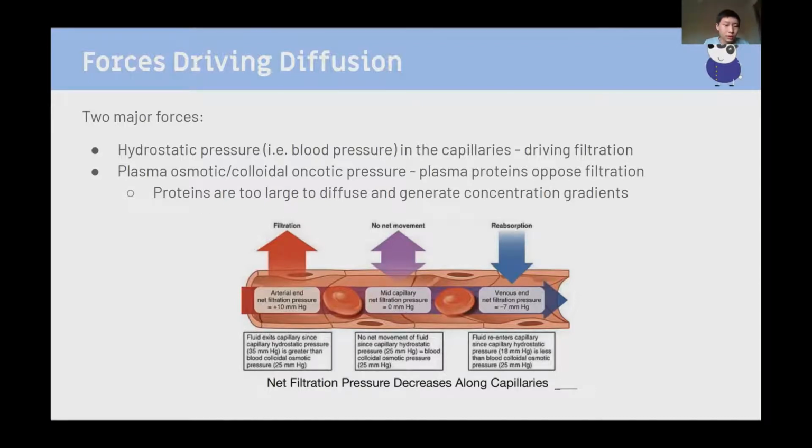In the middle at some point, the hydrostatic pressure and the colloidal osmotic pressure will sort of balance each other out because your blood pressure is decreasing, if you remember I said before, when you're starting at the capillary. And so when you get to the end, your plasma hydrostatic pressure will actually be lower than your colloidal osmotic pressure from your plasma proteins. And instead, you'll actually get some resorption. So you actually get some fluid moving in from the interstitial fluid into the capillaries instead.